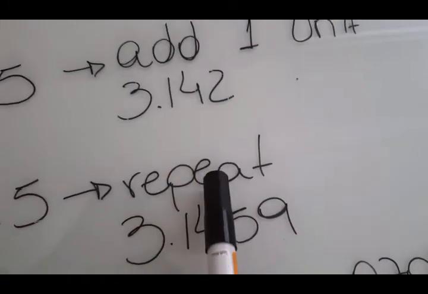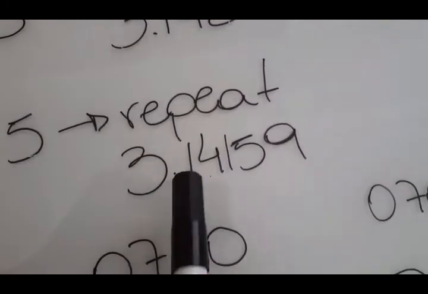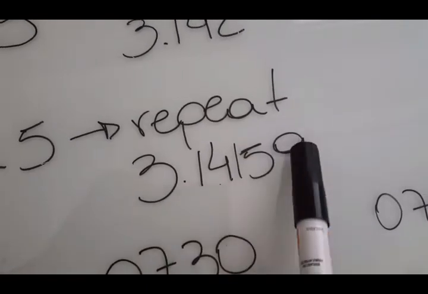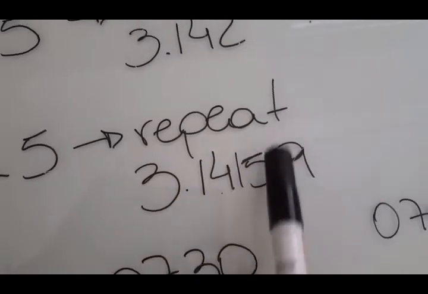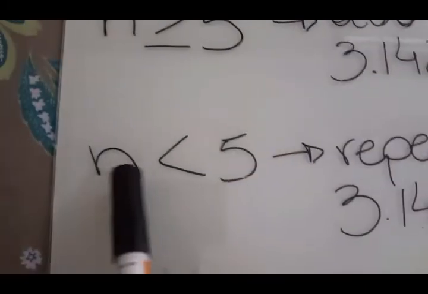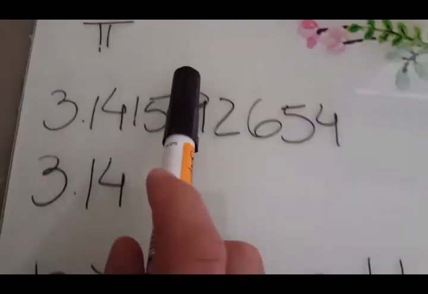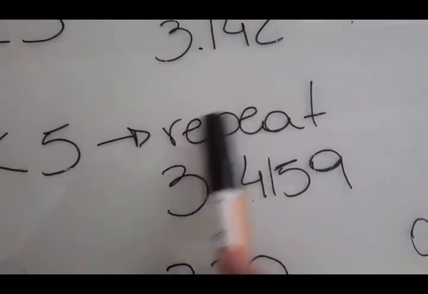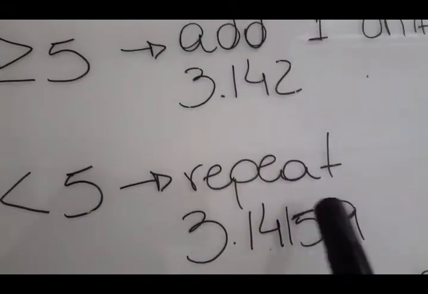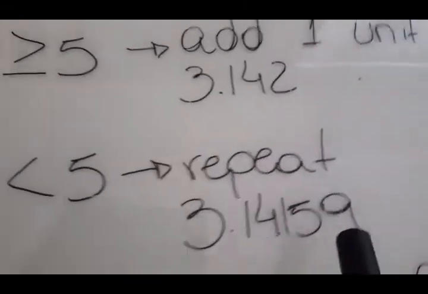So I just repeat the final number, because my next number is smaller than 5. This is a very, very simple way to round the numbers.